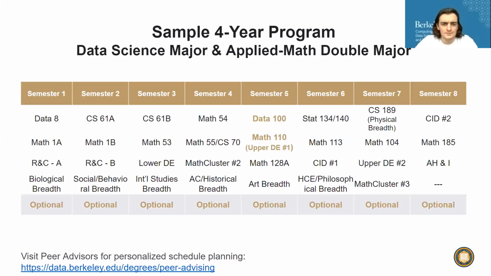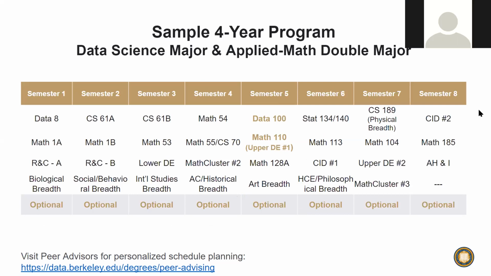So this is a sample 4-year program for the data science major and applied math double major. As you can see, it's a little more packed than doing just the data science major, because obviously you have all these math classes to be taking as well.